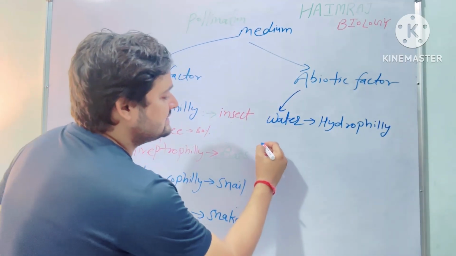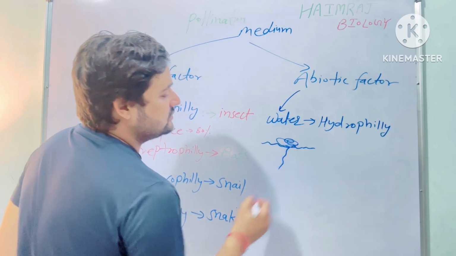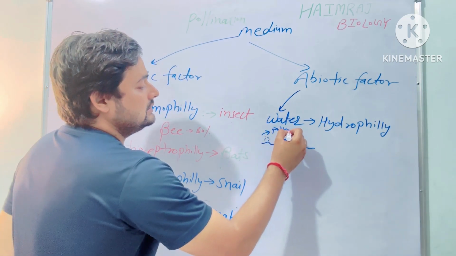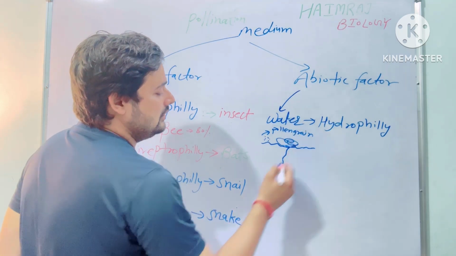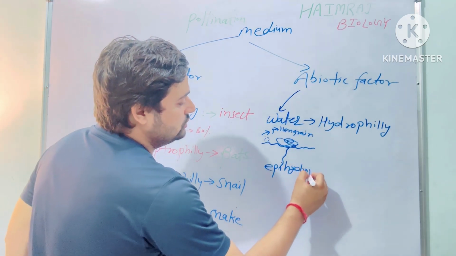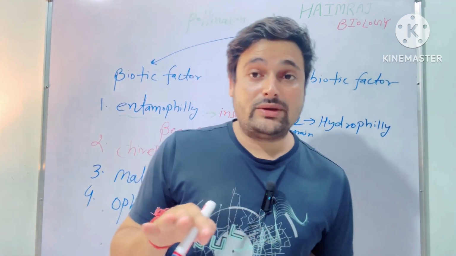If the pollination is going on the surface of the water, then this will be called epihydrophily, because the whole process is going on the surface of the water body.